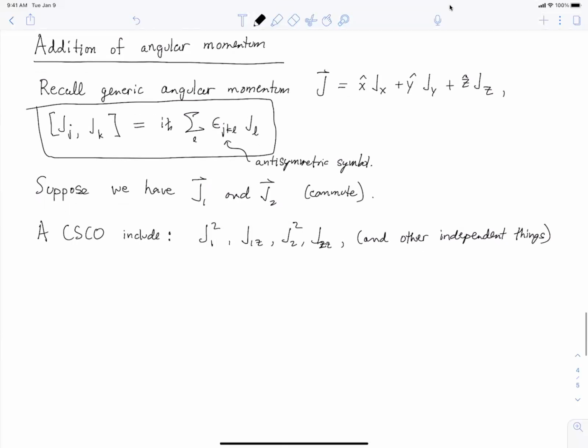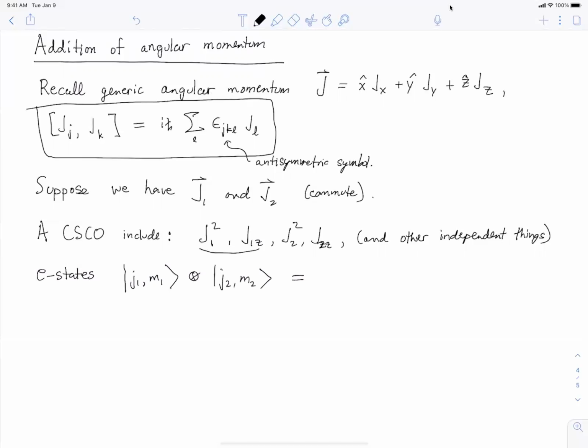Okay, so if you've got a complete set of commuting observables, then we know that you can form an orthobasis that corresponds to them. And so the common eigenstates for the complete set of commuting observables, we can write in a tensor product form as J1 M sub 1, that's for these two, tensor product with J2 M2.